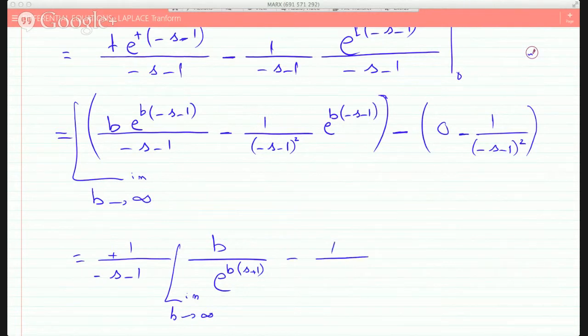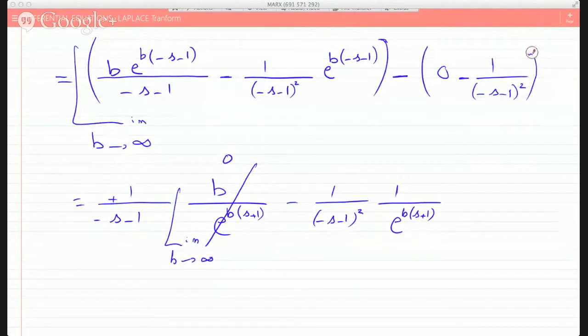The other one is minus s minus 1 squared, and same thing here, so this is e to the b times s plus 1. The exponential grows much faster at infinity than the b, provided of course that s is a positive number. So this term will go down to 0, right? And of course 1 over infinity here we will also get 0.